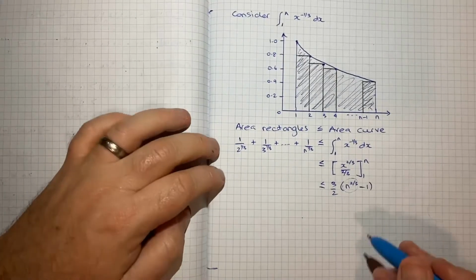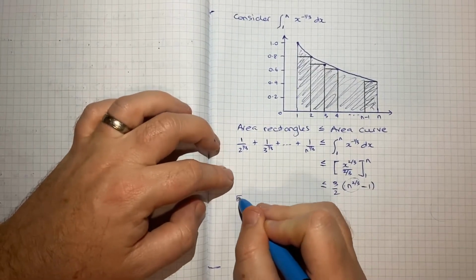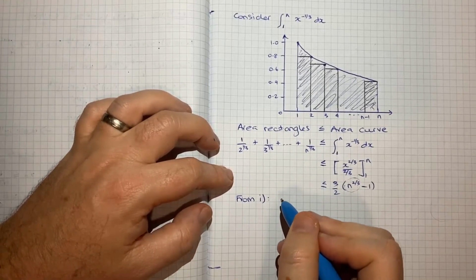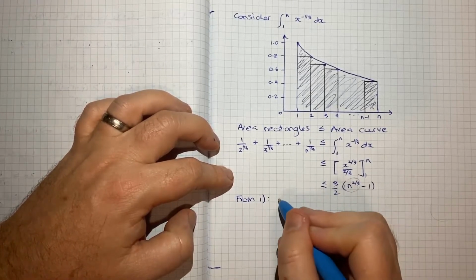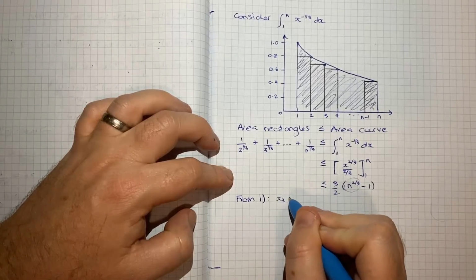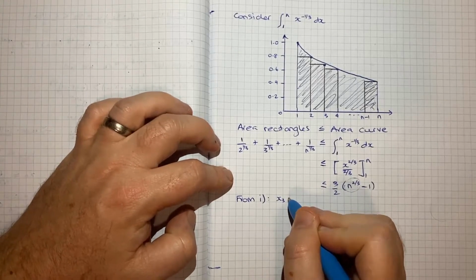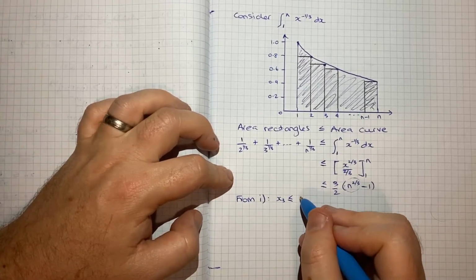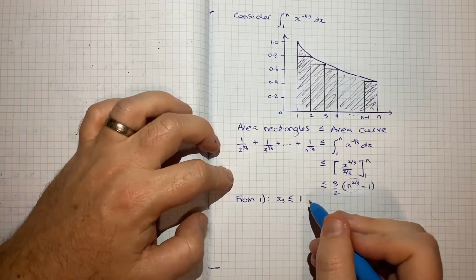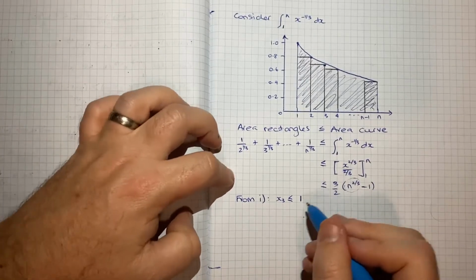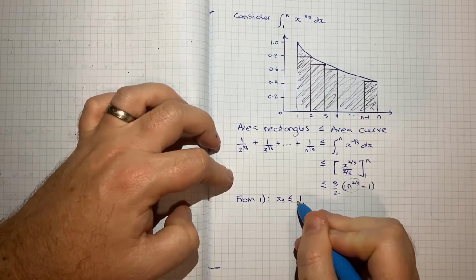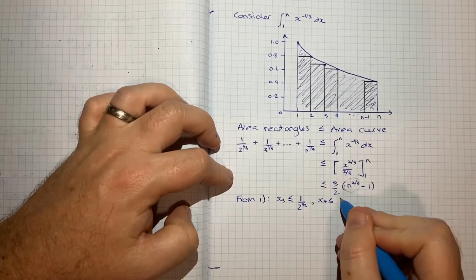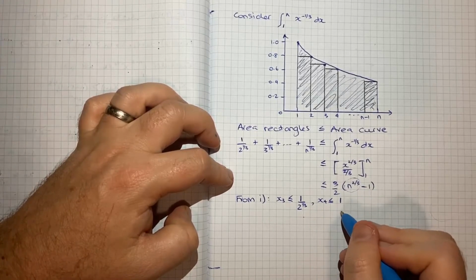So once again, going back to the result that we learned in part 1, what we know is that x to the 3 is less than or equal to 1 on, in this case it would be 3 minus 1 is 2, 2 to the third. x to the 4 is less than or equal to 1 on 3 to the third.